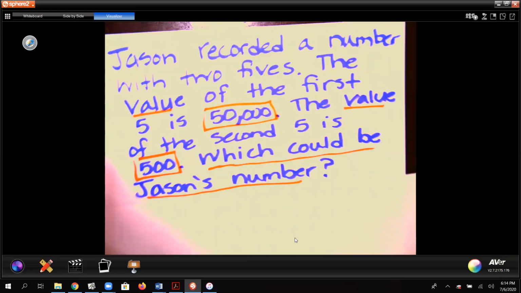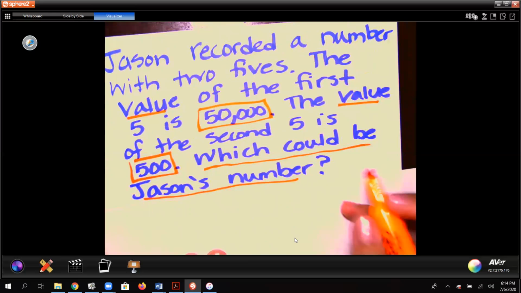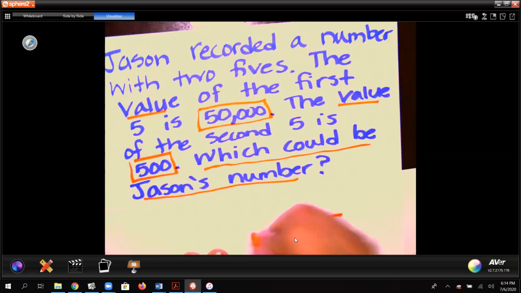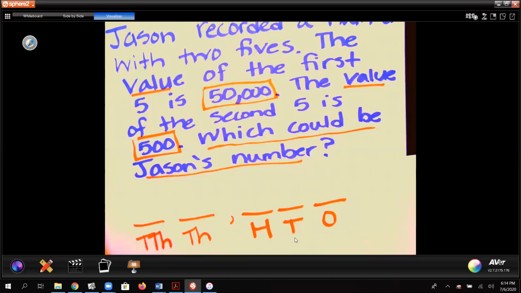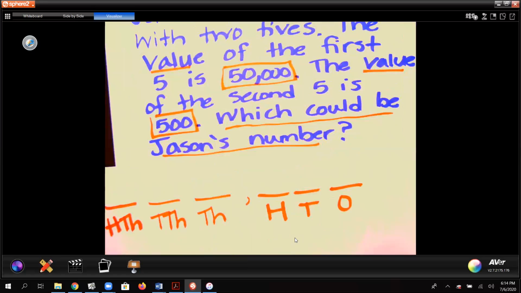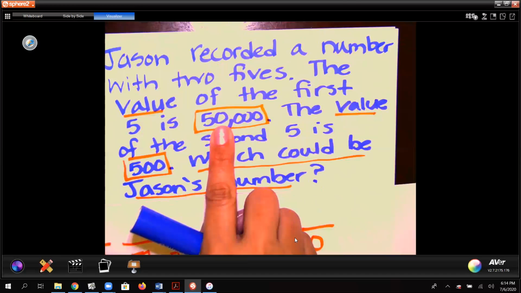I just like doing my little lines, but it's whatever's best for you. So we have our ones, tens, hundreds, comma, 1,000, 10,000, 100,000.